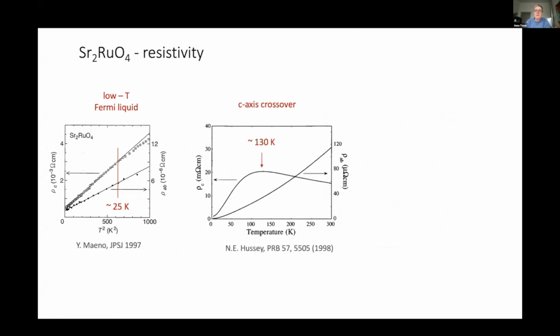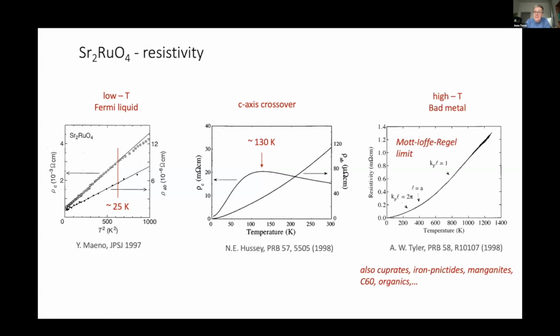As you warm up, you observe first a crossover along the z-axis into an insulating state, whereas the in-plane resistivity keeps on increasing. And at even higher temperature, this resistivity never saturates, so it keeps going up beyond what is the Mott-Ioffe-Regel limit. Here you have a different definition.